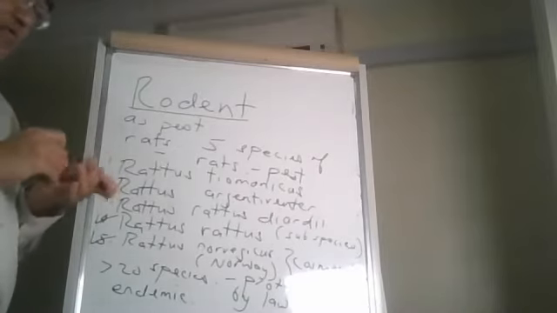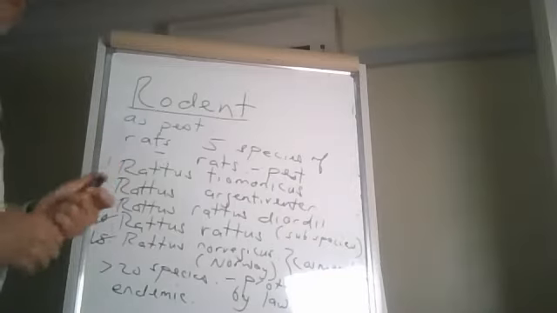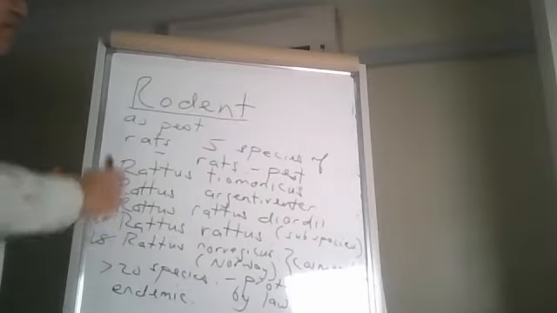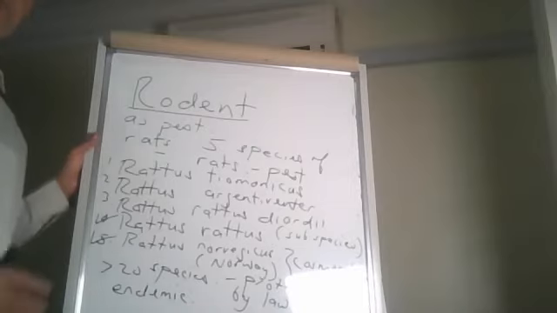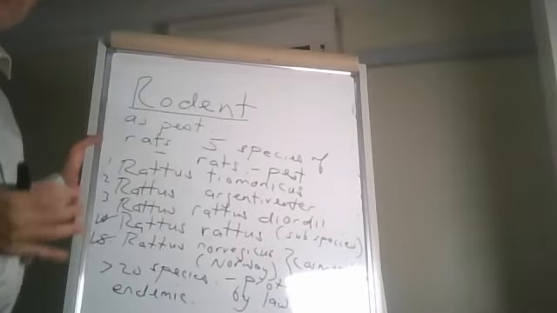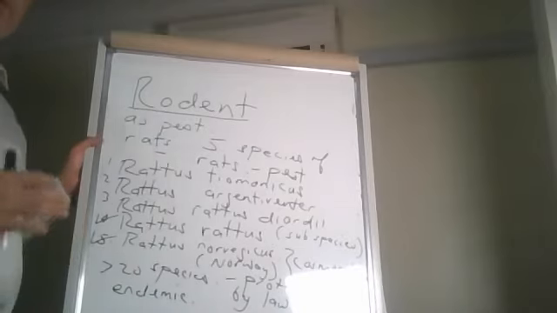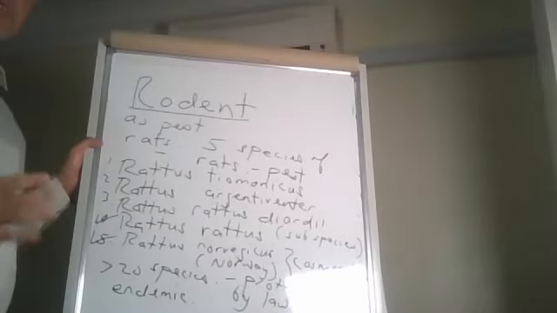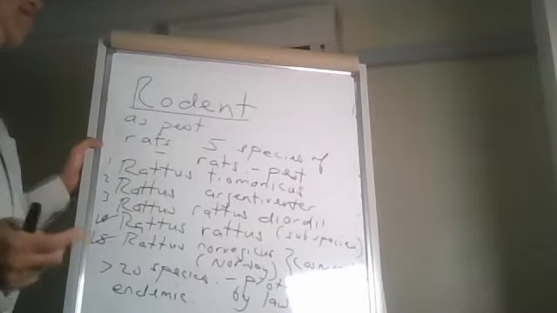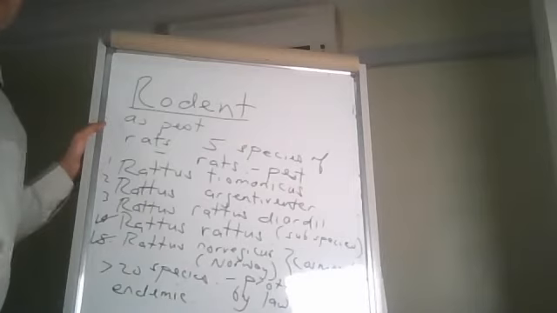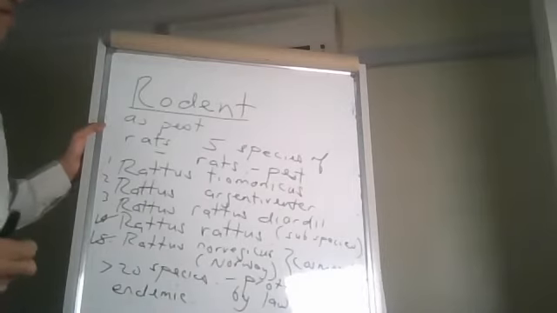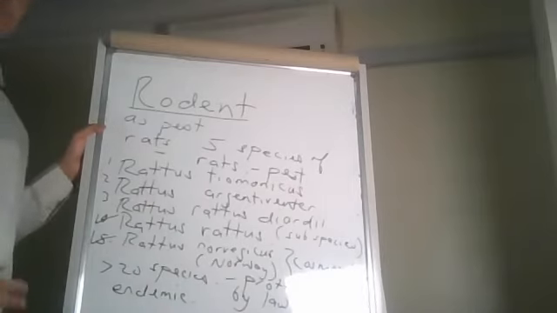So this is just to remind you that when we mention the word rat, not all of them are vermin. What is vermin? Vermin means troublesome, or animals that we particularly avoid, that we consider as troublesome.